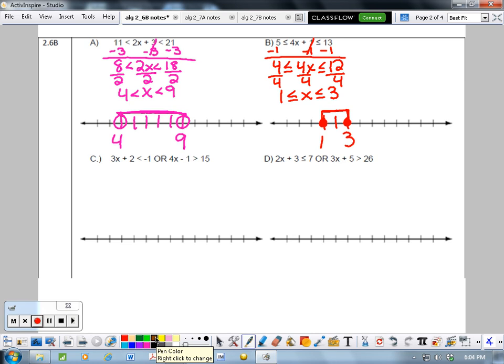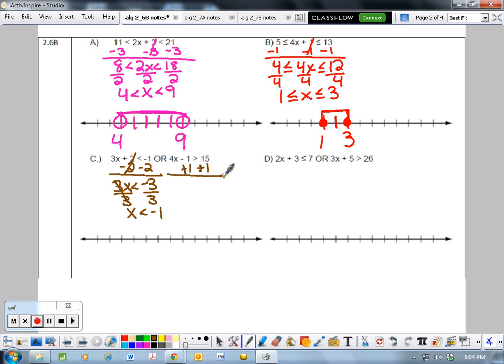Okay, so our next one is the OR, and this is that union. It usually goes opposite directions. I solve each inequality, and I'm just graphing them on the same graph. Don't forget that if you're dividing by negative numbers, you're flipping your inequality sign. So far, we haven't had any of that, so no issues yet, but it's a good reminder.